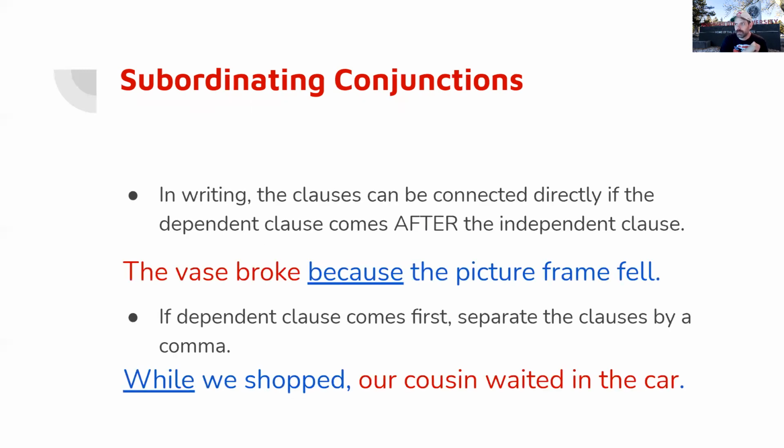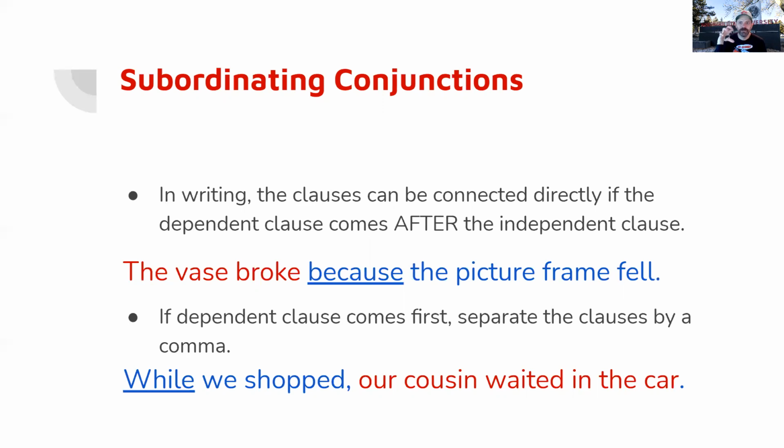When we're writing, the clauses can be connected directly if the dependent clause comes after the independent clause. So like our second sentence in the examples we looked at, the vase broke because the picture frame fell. This serves a function for the listener or the reader as a signal. That word because tells them, now you're going to get a dependent clause.